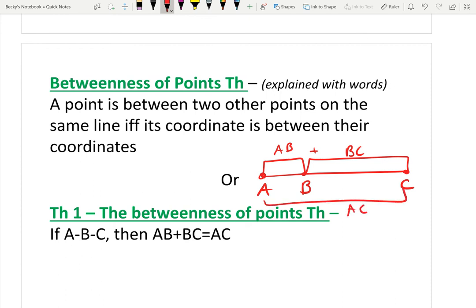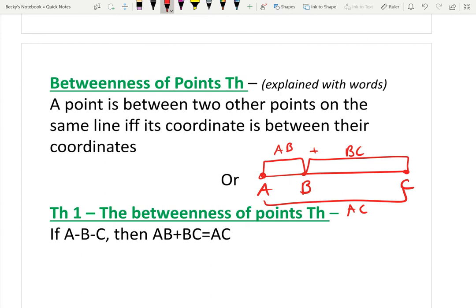So I always call this little segment plus little segment equals big segment. Okay? If you can remember this, it's like Legos. You have a little Lego and you connect it to a bigger Lego, then it makes a much bigger Lego, right? Or a fence. You build a little fence, then you build a bigger fence, and all of a sudden you have this much longer fence. Little plus little equals big.